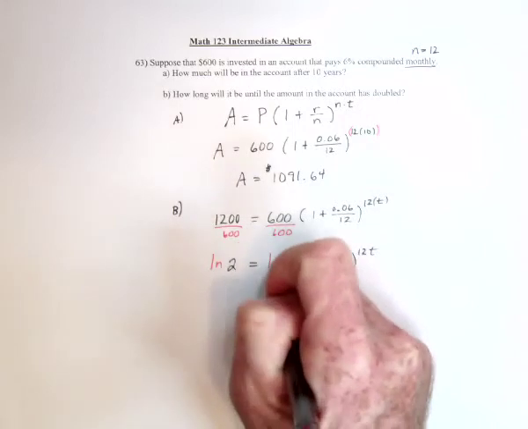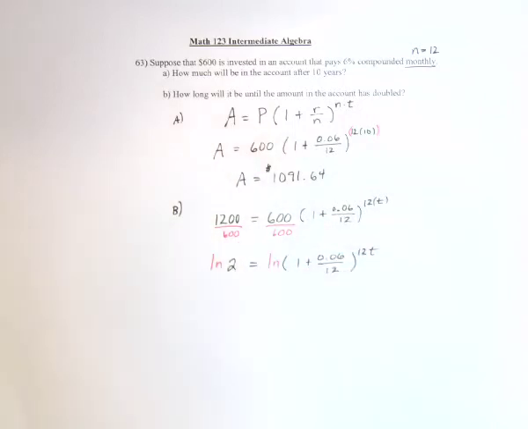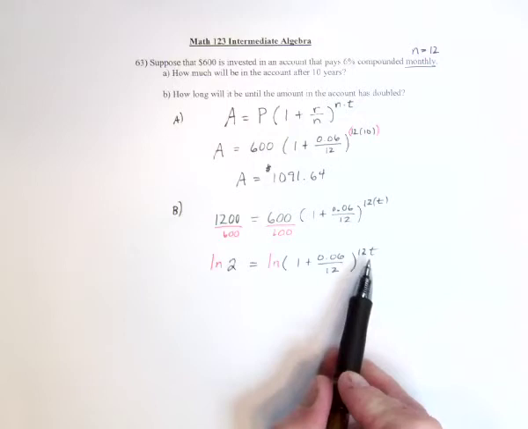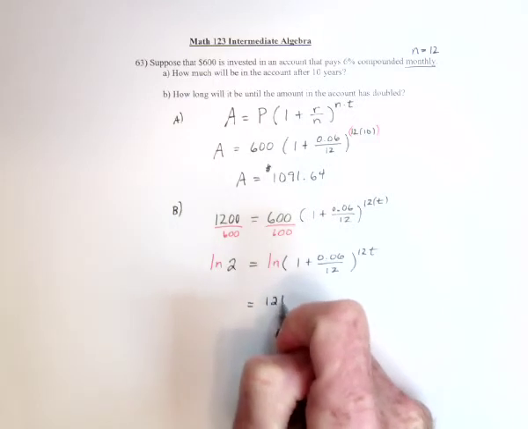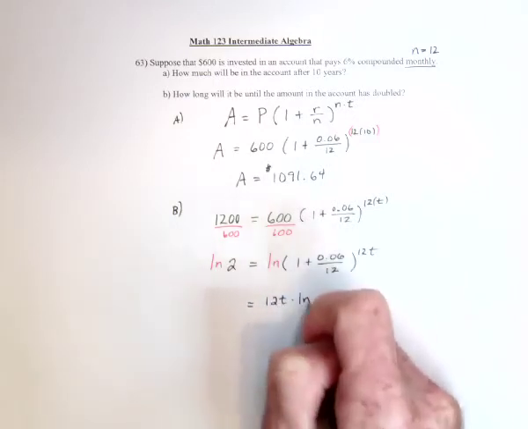So next, take the natural log of both sides. The reason for that is there's a rule for logarithms that says this exponent of 12t can be brought down in front of the natural log and you multiply.